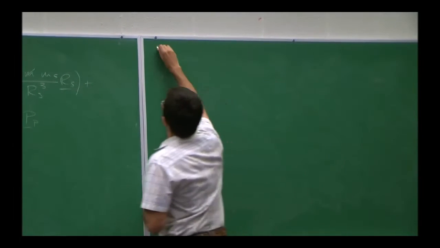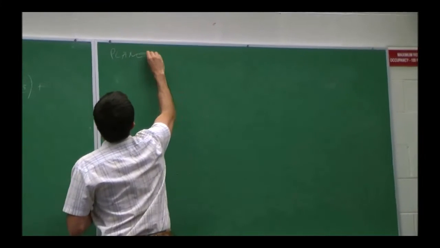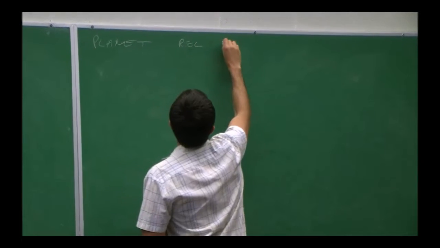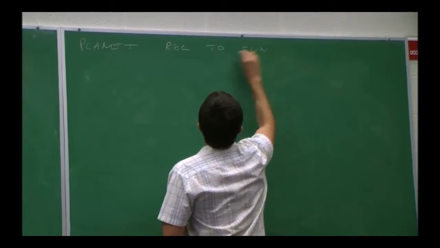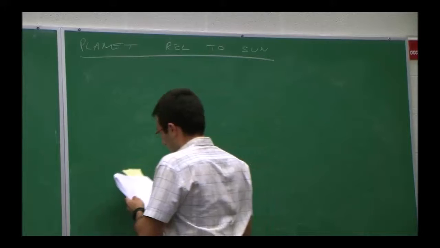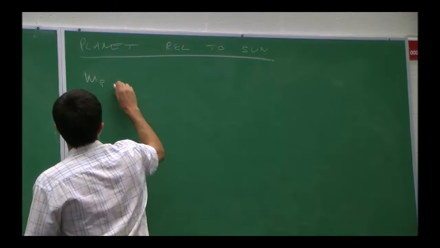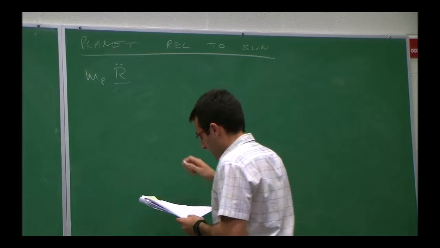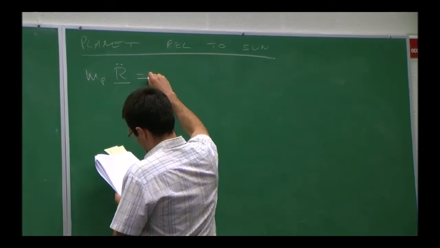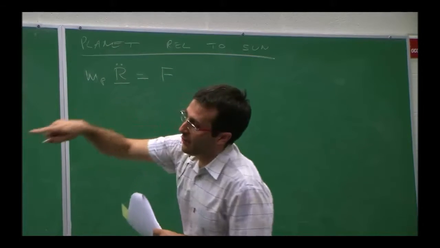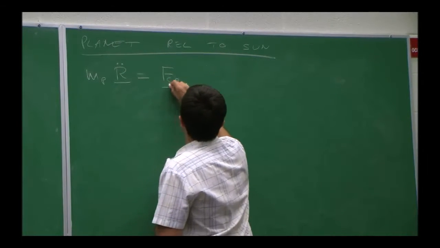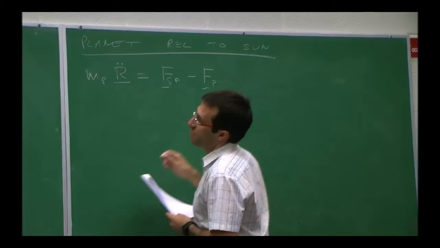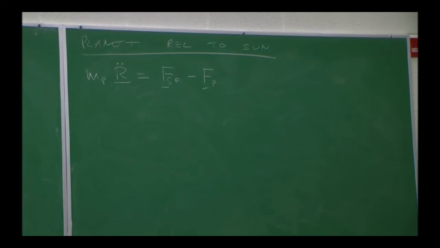Now if I look at the planet with respect to the sun, or relative to the sun, I get something similar, right? The equation of motion now is m planet, big R without any subscript, double dot. What is this? What did I call that? Fsp, right? And this would be minus the force Fp, which is the force that the planet is exerting on the spacecraft.